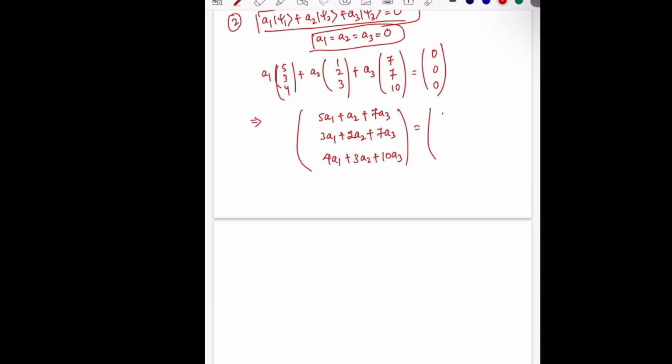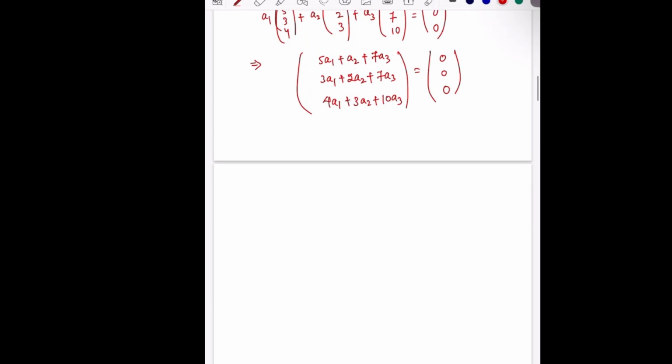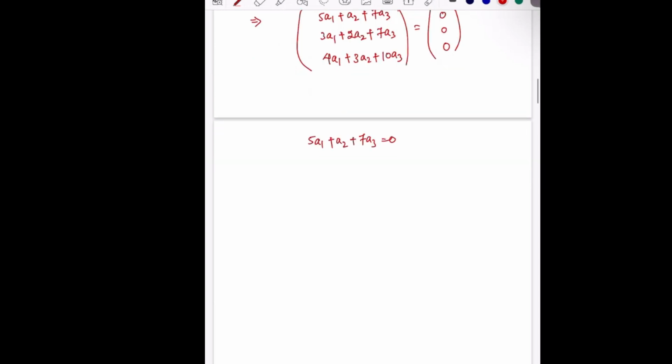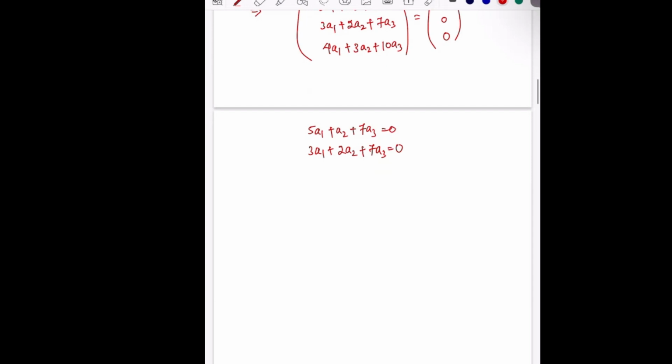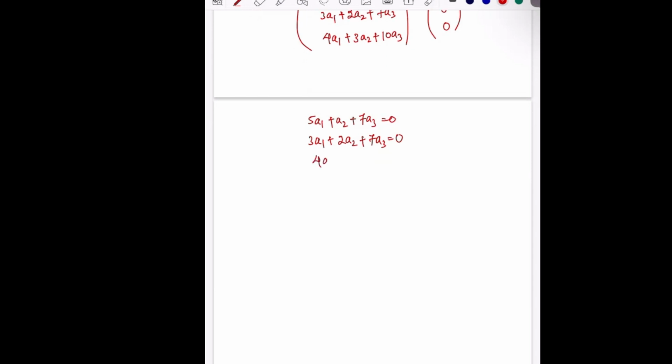This will be 0, 0, 0. So now you will get three equations: 5a1 plus a2 plus 7a3 equal to 0, next 3a1 plus 2a2 plus 7a3 equal to 0, and the third one is 4a1 plus 3a2 plus 10a3 equal to 0.